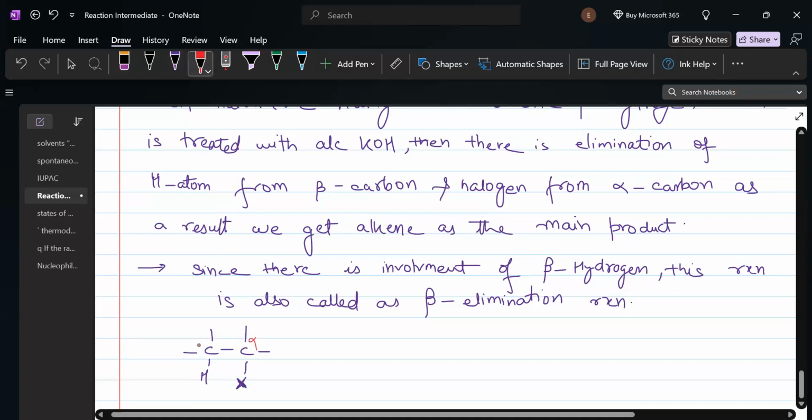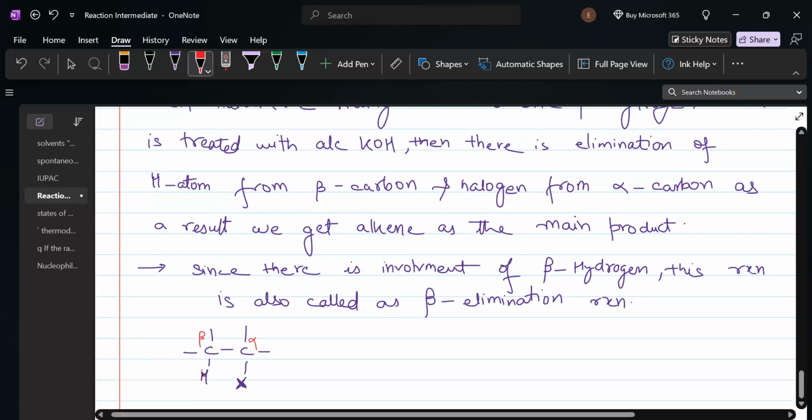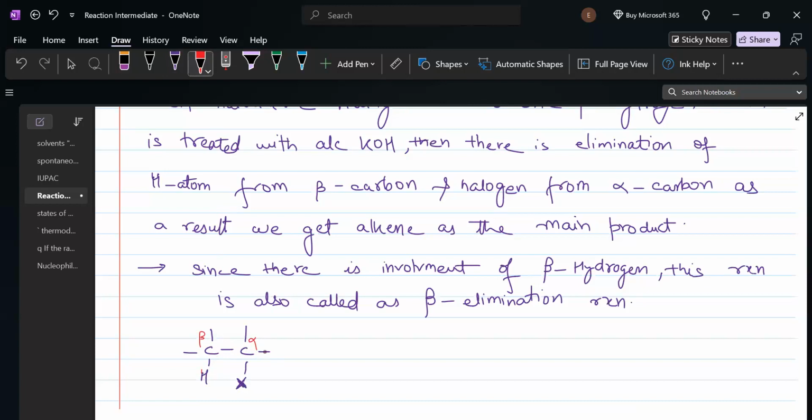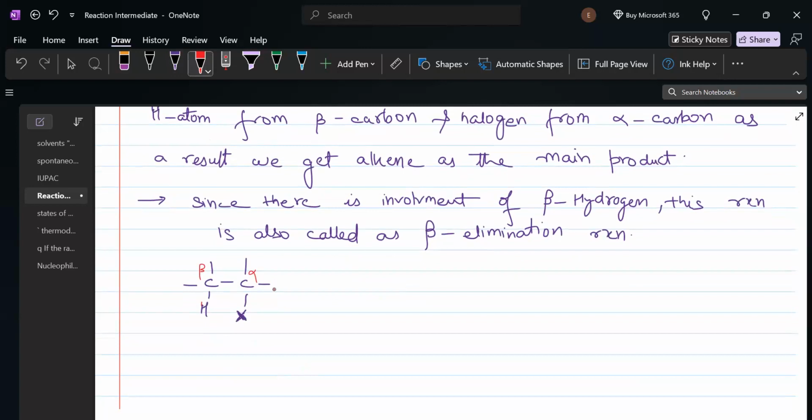The next carbon, attached to this alpha carbon, will be known as beta carbon. This is the main thing: how you have to identify alpha carbon and beta carbon. Alpha carbon is the carbon on which halogen is attached, and the carbon attached to the alpha carbon is known as beta carbon.